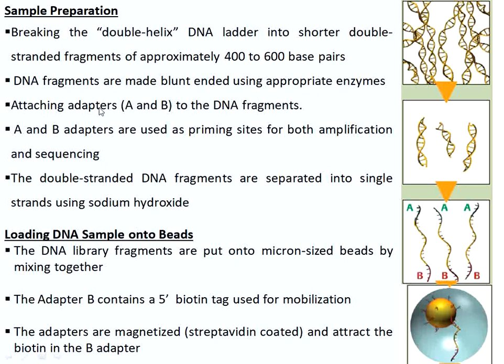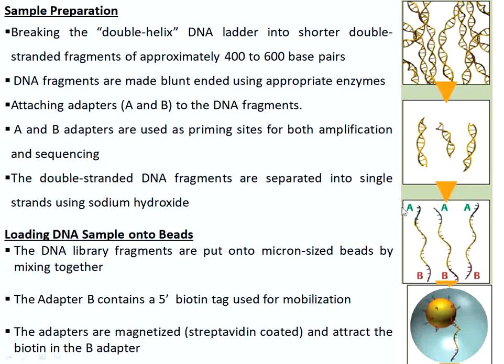So this is the basic step of sample preparation, which involves fragmenting the DNA, making it blunt-ended, then attaching A and B adapters as the priming sites for amplification and sequencing at both ends of the DNA. Here you can see the adapters attached, A adapter at one end and B adapter at the other end of the fragment, which are single-stranded after the denaturation.